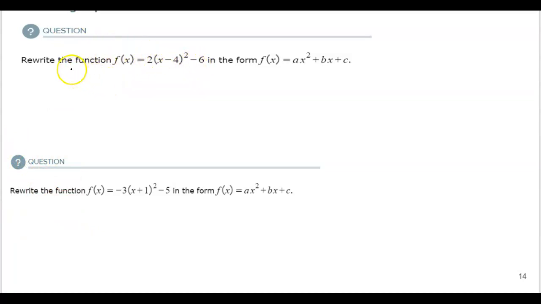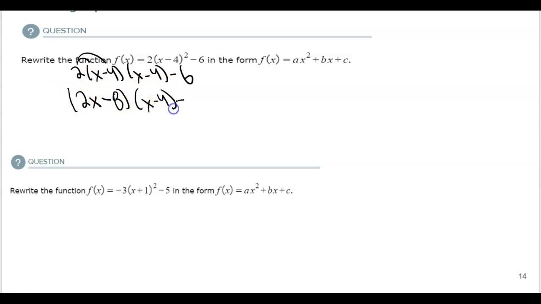So if we write this out, we distribute the 2, and then we could get, we distribute the numerator and the denominator.